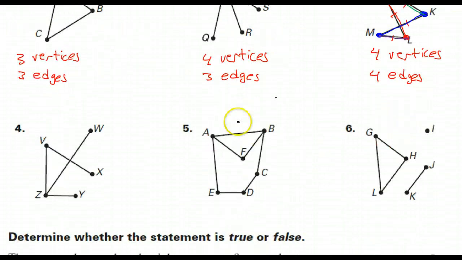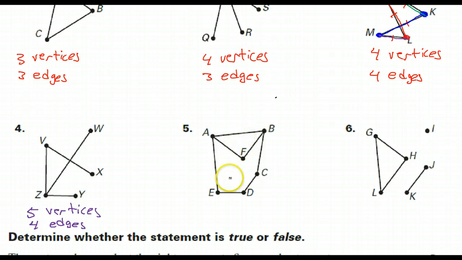Okay, moving on. Here we have 1, 2, 3, 4, 5 edges, 5 vertices. And we have 1, 2, 3, 4 edges. Here we have 1, 2, 3, 4, 5, 6 vertices.